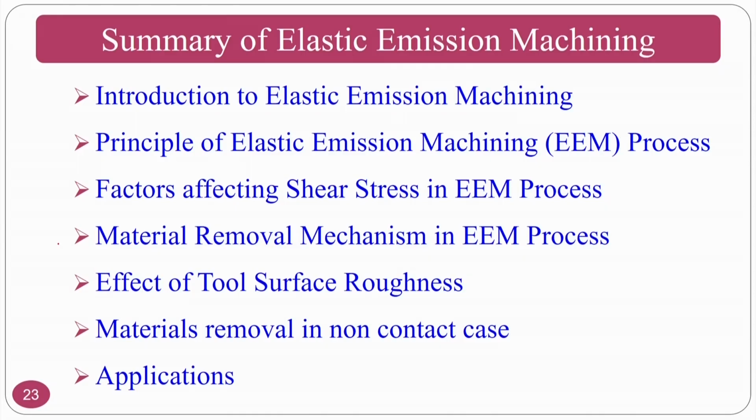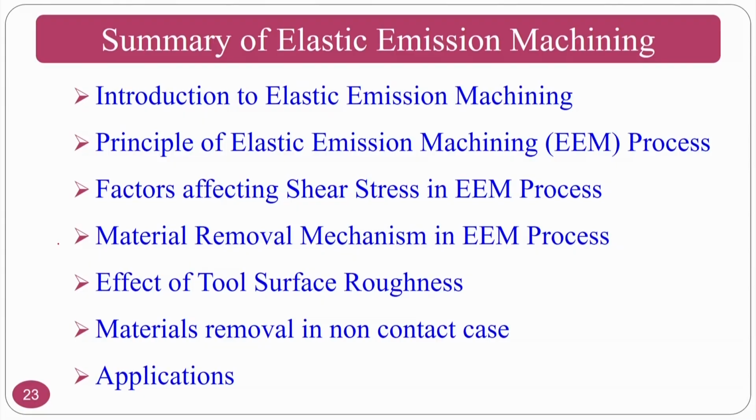Abrasive particles come near to the workpiece but do not touch it, and the OH bonds on the abrasive particles and the OH bonds on the workpiece interact, H2O is released, and the remaining oxygen binds to the workpiece material and takes away the atom. So, that is how the material removal takes place, atom by atom, without contacting the workpiece.